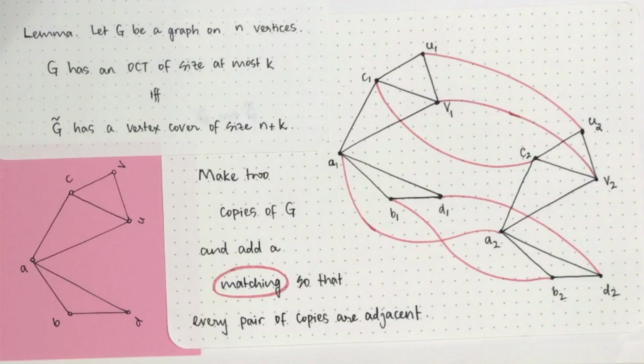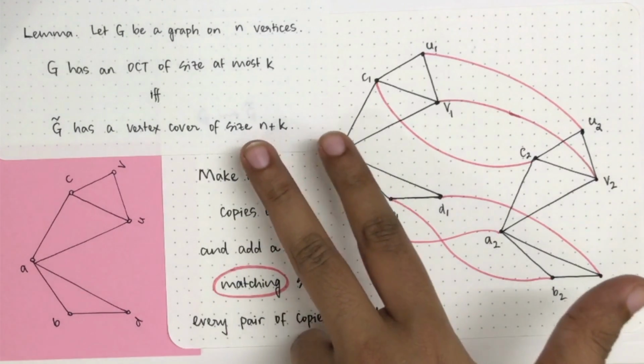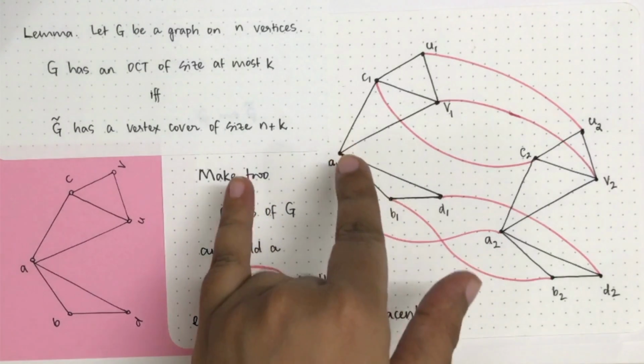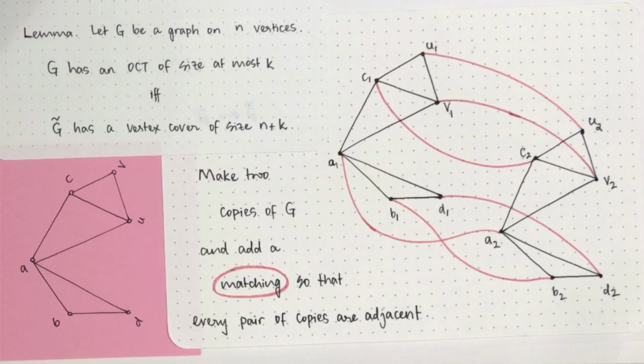So you have an algorithm whose running time is 4 to the k minus the size of a maximum matching, where k is the size of the vertex cover that you're looking for, and the size of a maximum matching is n. So that's going to be n plus k minus n, which is k.